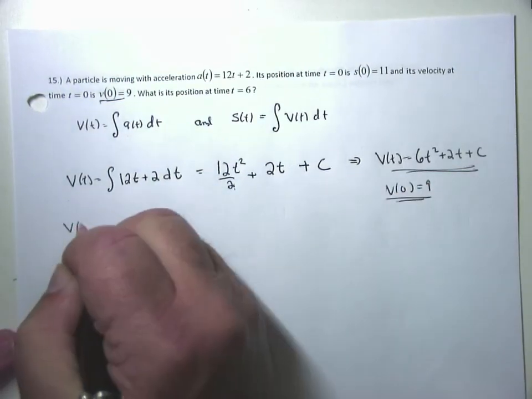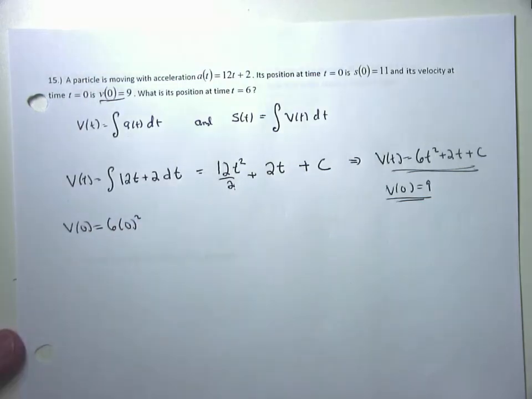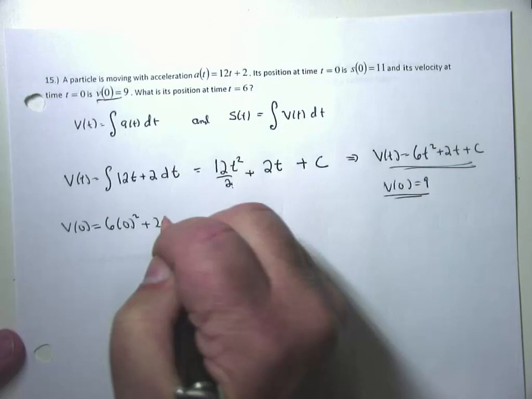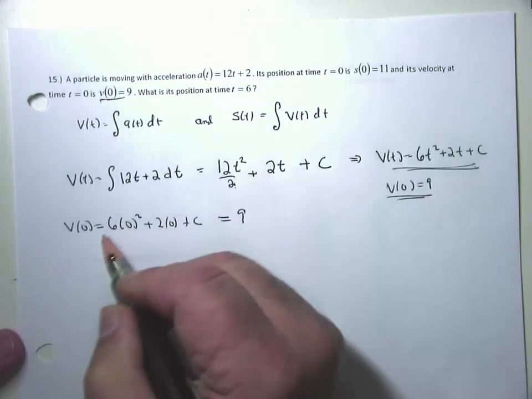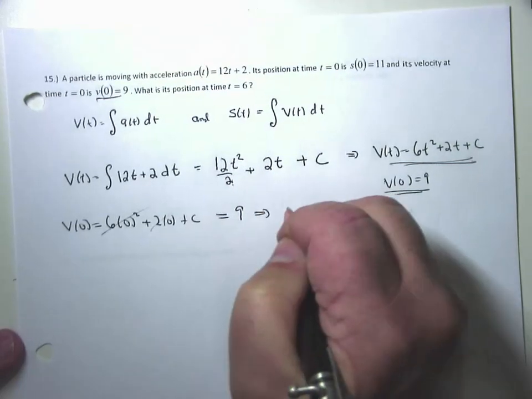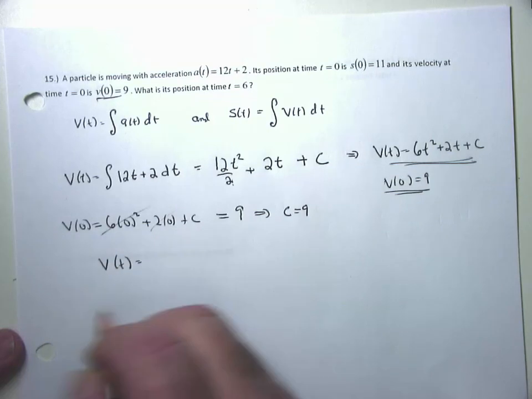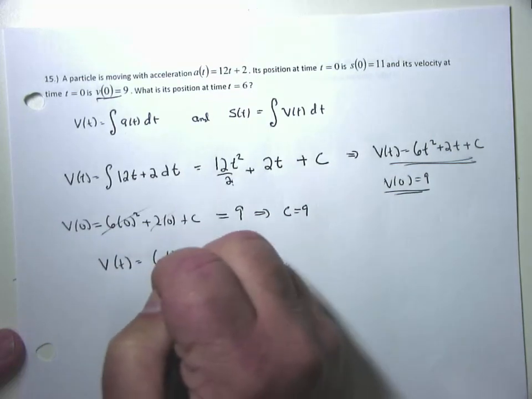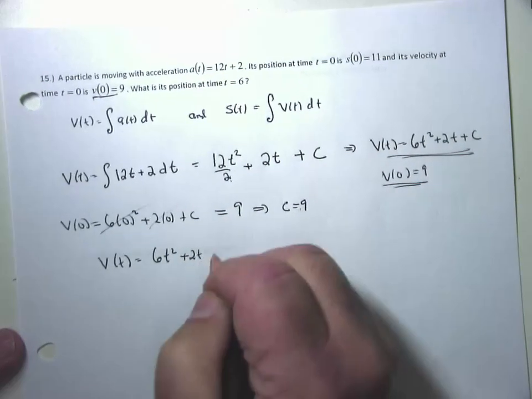So v of 0 will be equal to 6 times 0 squared plus 2 times 0 plus c, that's going to be equal to 9. Love plugging in zeros, so they go away. This pretty much tells me that c equals 9, which tells me the velocity function is 6t squared plus 2t plus c, but c is 9, plus 9.